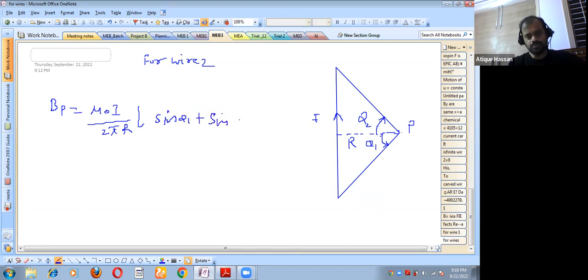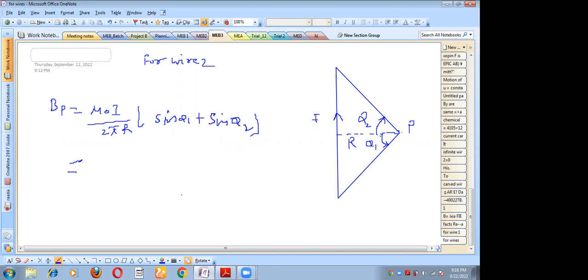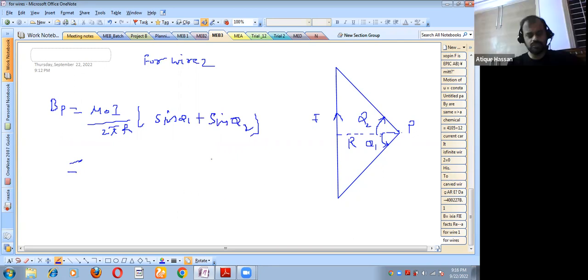This formula we have to learn by heart. This is a very useful formula. Was it 4 pi? Yes, it was 4 pi. So mu naught I by 4 pi r, sine theta 1 plus sine theta 2.